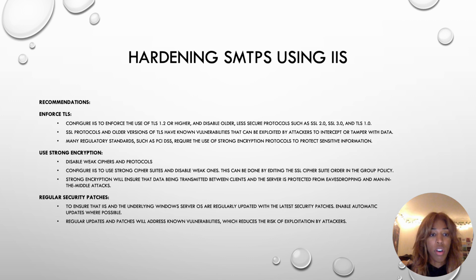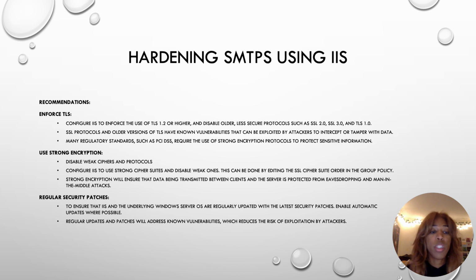SSL protocols and older versions of TLS have known vulnerabilities that can be exploited by attackers to intercept or tamper with data. Many regulatory standards, such as PCI DSS, require the use of strong encryption protocols to protect sensitive information.